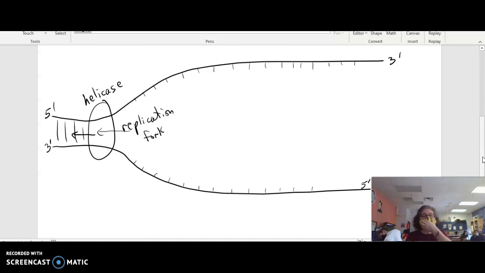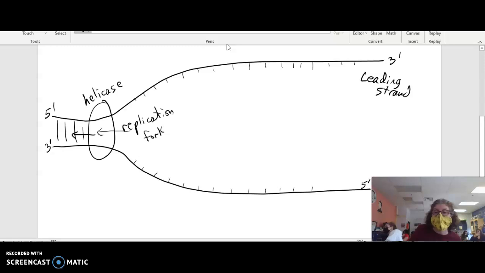Okay. So now I'm not going to worry too much about primase or any of the many enzymes involved here. I just want to give you an idea of what the consequences are for the leading and lagging strands. In this case, this would be the leading strand up here.